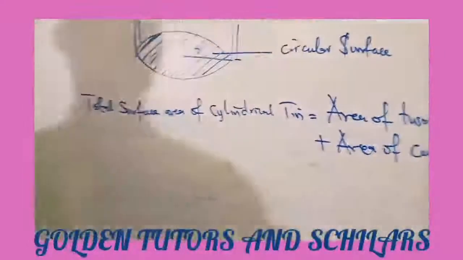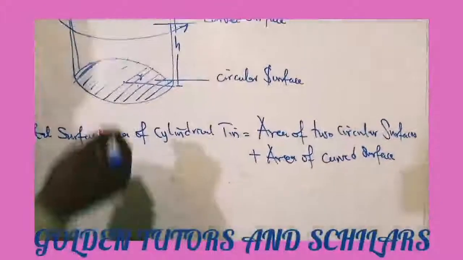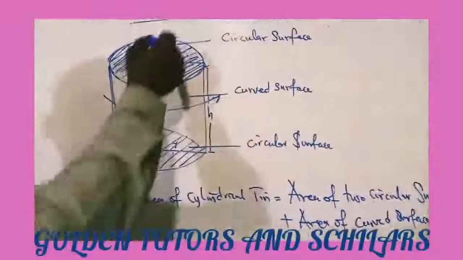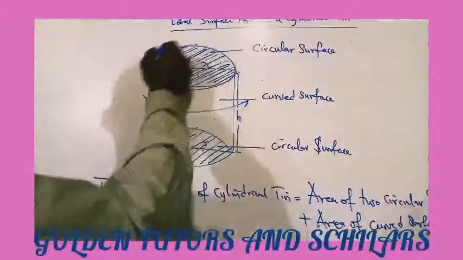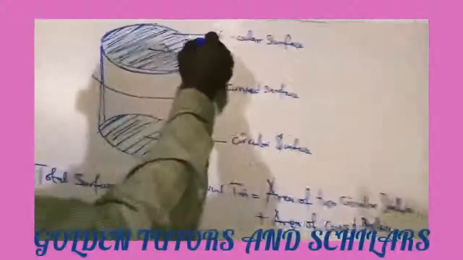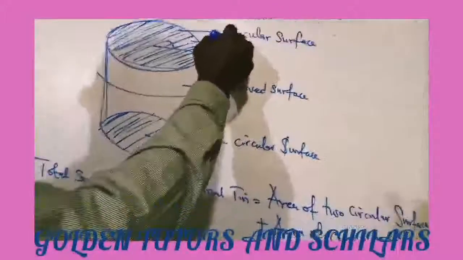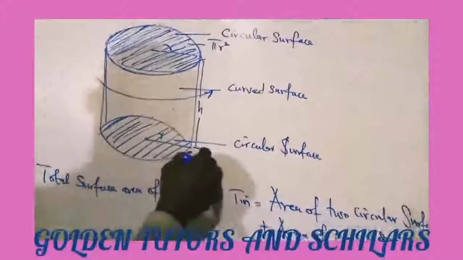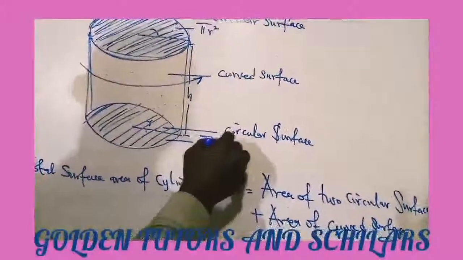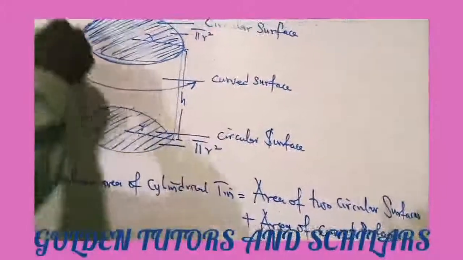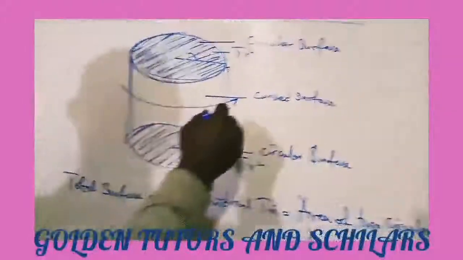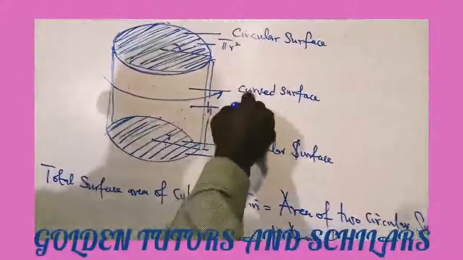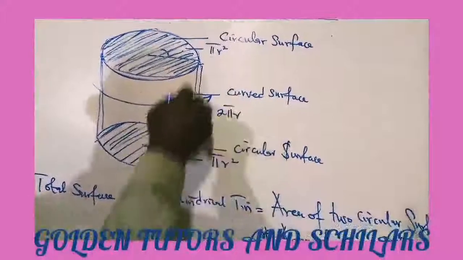Now, if that is the case, what is this area here? This is simply a circle, and the formula for calculating the area of a circle is pi r squared. This is also pi r squared. The curved surface, going around it, is a circumference, which is 2 pi r, times the height.